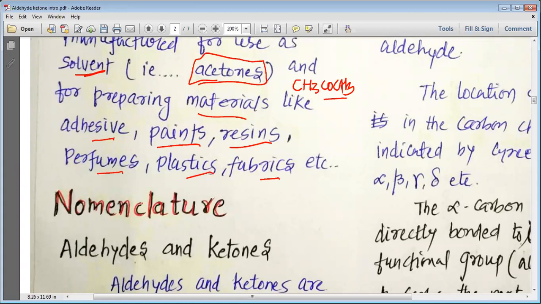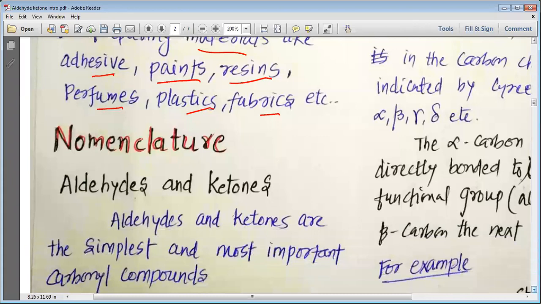So all the compounds that we are going to study in this chapter are very useful in these areas: as solvents, as flavoring agents, and in the preparation of adhesives, paints, resins, plastics, fabrics and perfumes.